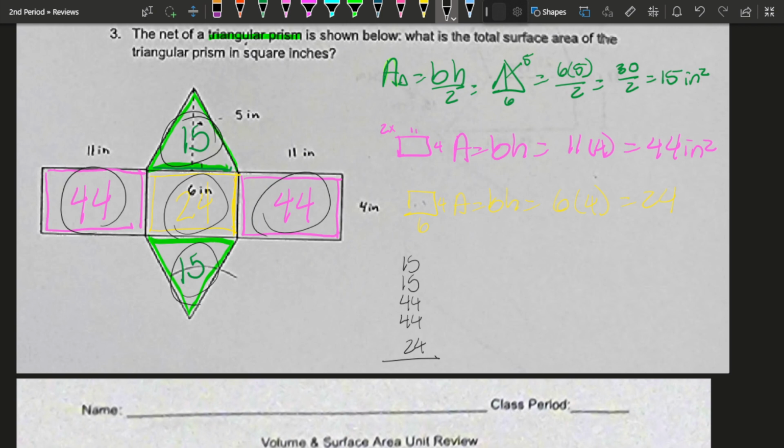So this is going to be 30 plus 44 plus 44 plus 24. And the total is going to be 142 inches squared because it's area.